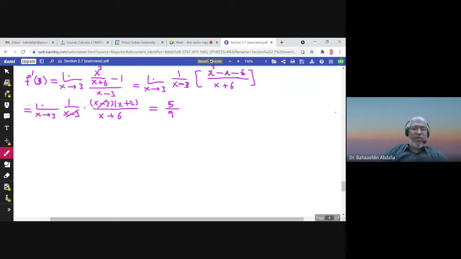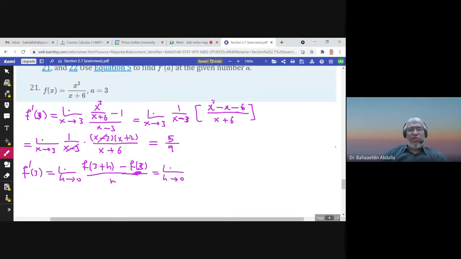Let me also try to do it using the other method. The limit as h approaches 0 of f of 3 plus h minus f of 3 over h. So to find f of 3 plus h, I guess this would be longer, but it's okay.